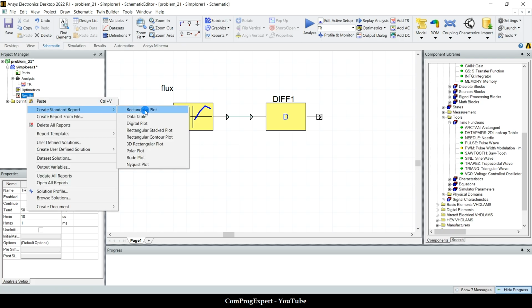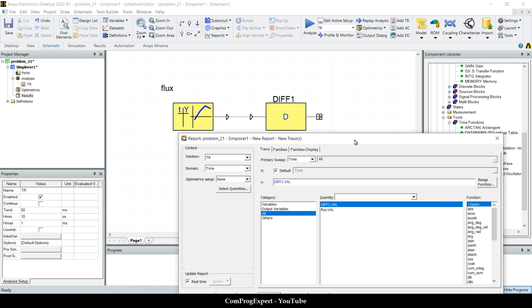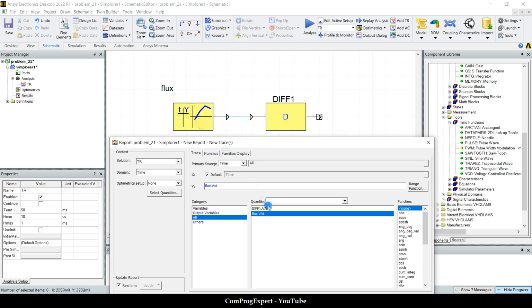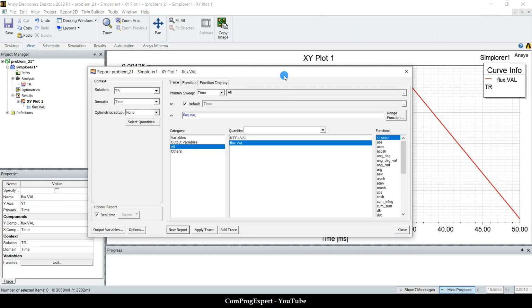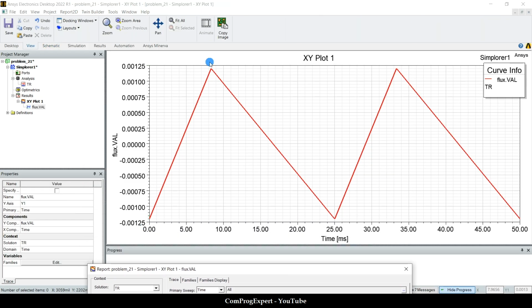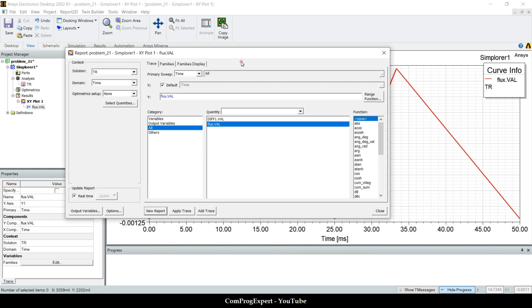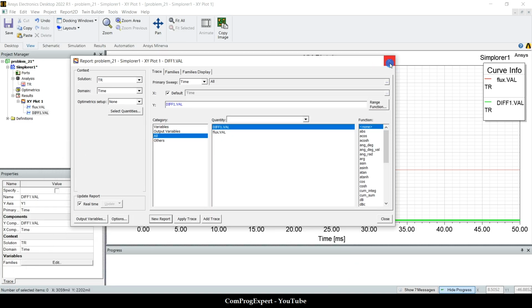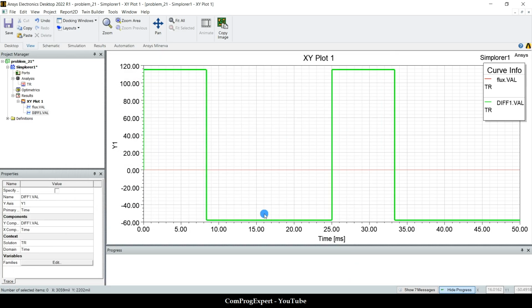A standard report, rectangular plot, the flux function dot val. This is the output, the value of this flux function, this function that we defined in this problem. And this is the EMF trace, the derivative.